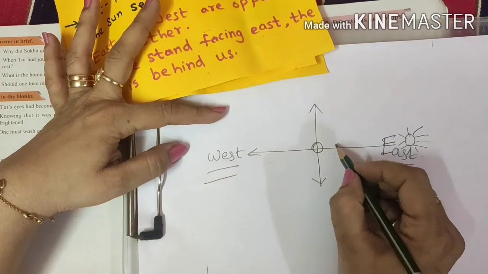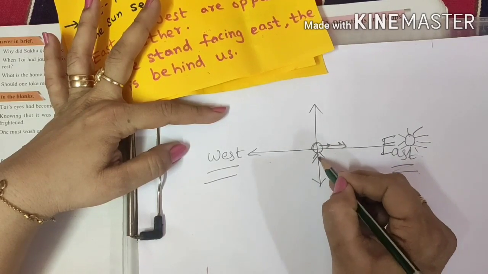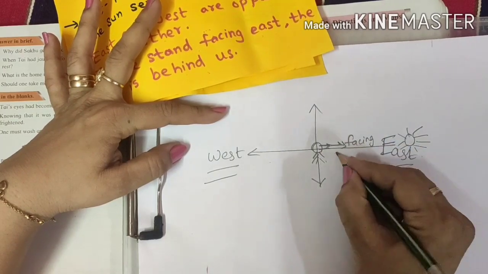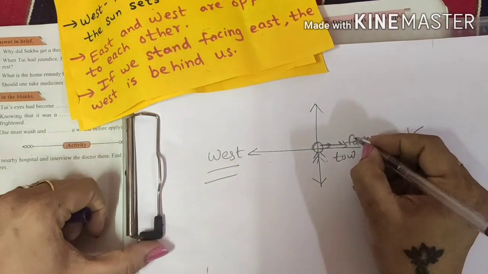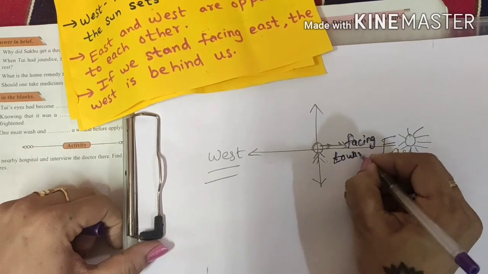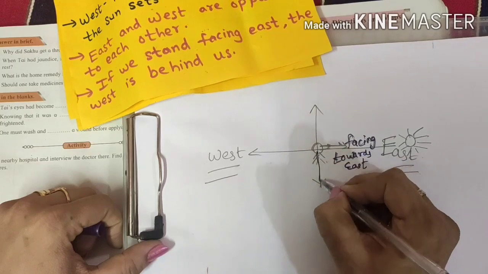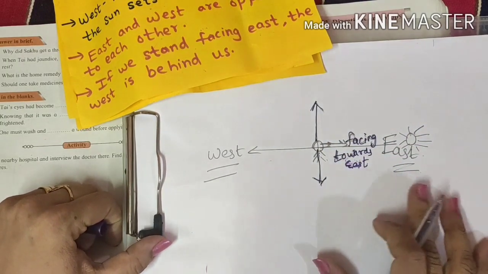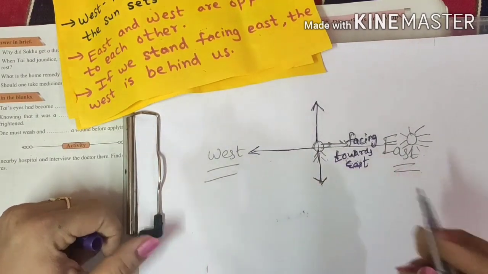His face is here, facing towards east. Okay children, so this is facing towards east, and this opposite side will be the west side.